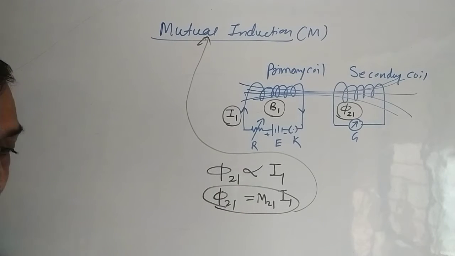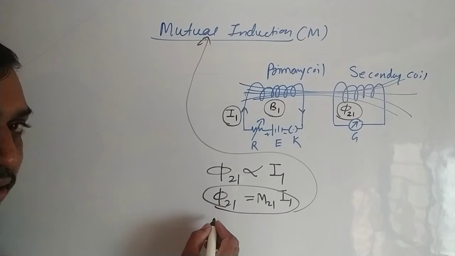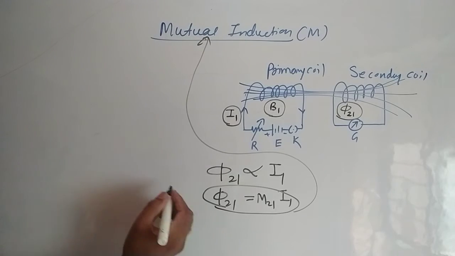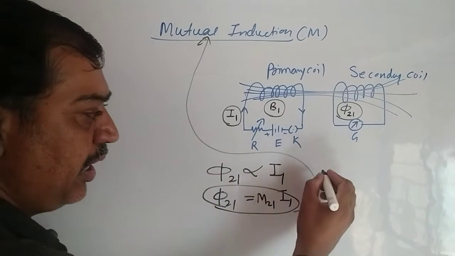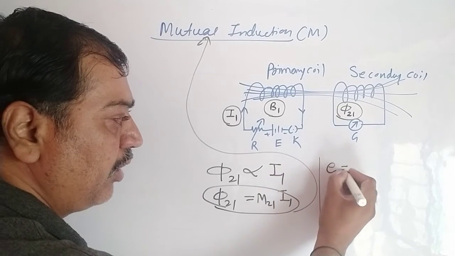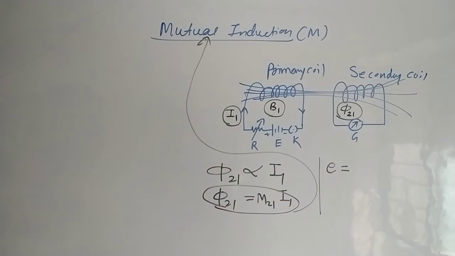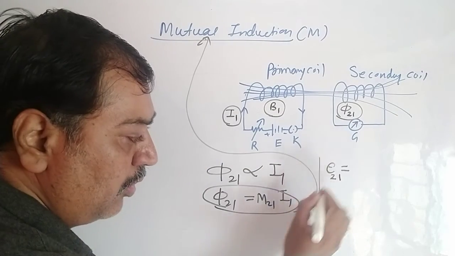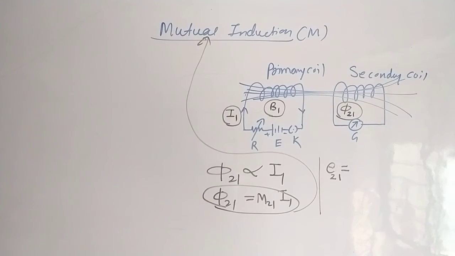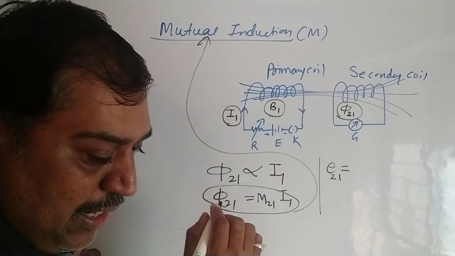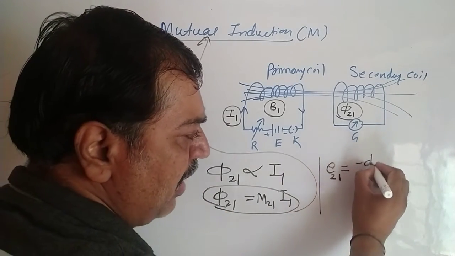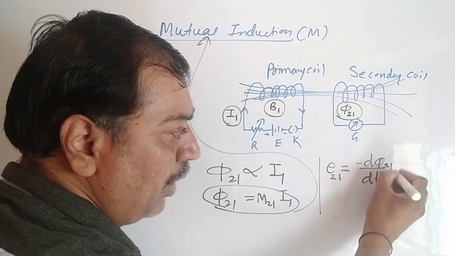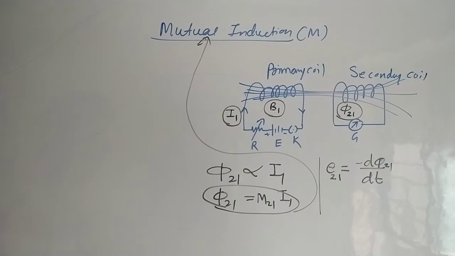Now according to Faraday's law, we can write the same equation in terms of EMF. What is Faraday's law for this? E is the EMF induced in the secondary coil due to the flow of current in the first coil, so it is E21. E21 equals minus dφ by dt, but here φ is φ21, so it is minus dφ21 divided by dt.